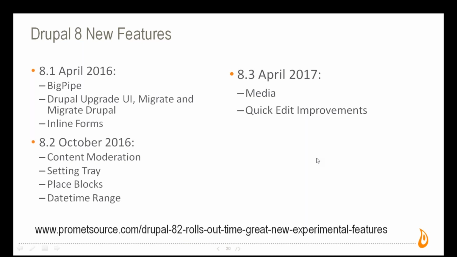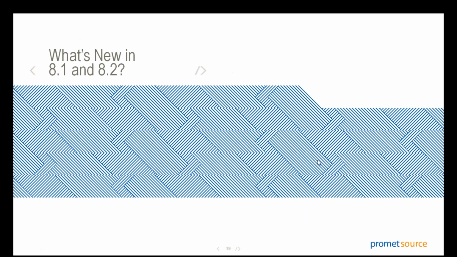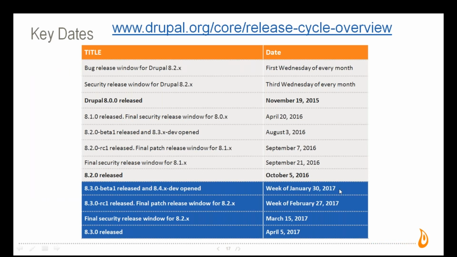And they're going to continue to improve that settings tray quick edit tools. If you remember the schedule, January 30th is the week that they're targeting to put out the 8.3 beta. So if you're really excited about the new media tools, you should get a really good peek at it starting in January, February.